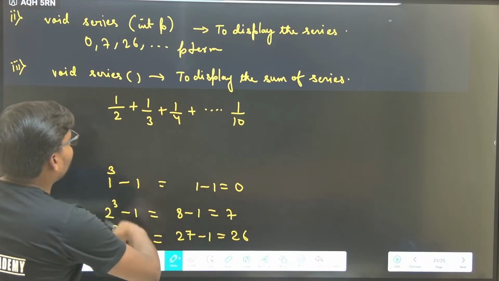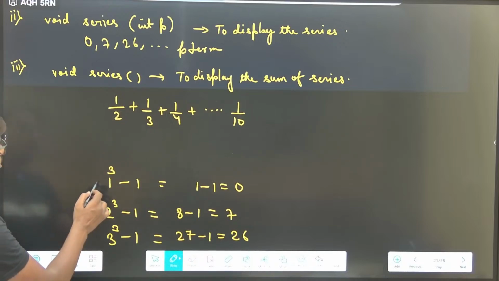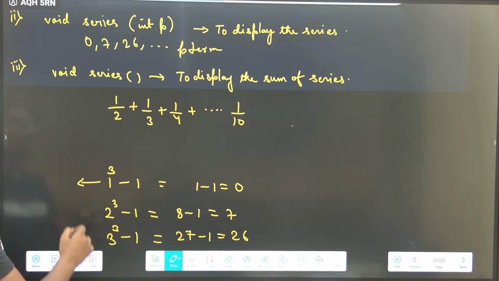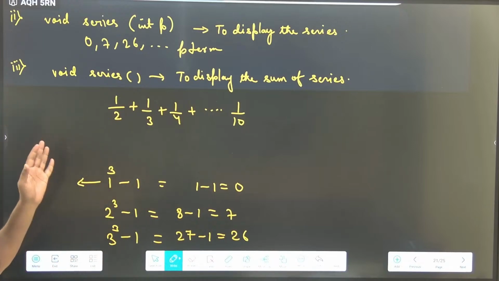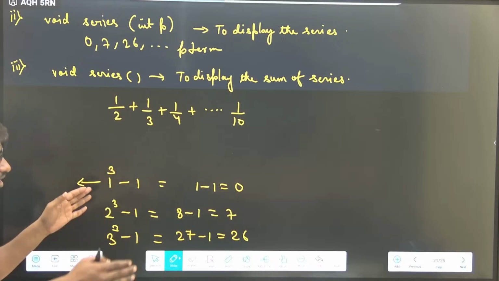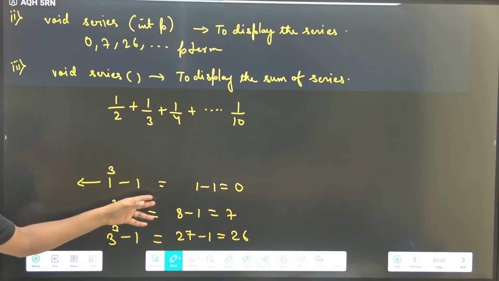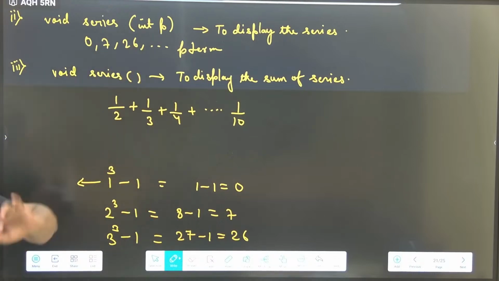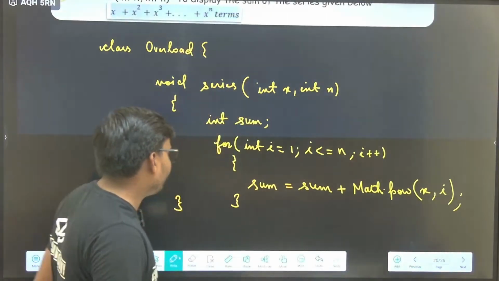So you are able to generate this series with the logic: if I start from 1 and go till the pth term, that is, starting from 1 and ending at p, and if I do the cube of that and then subtract 1, I can generate this series. Okay, now let's come back over here.